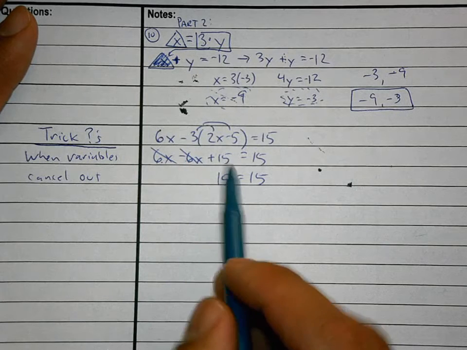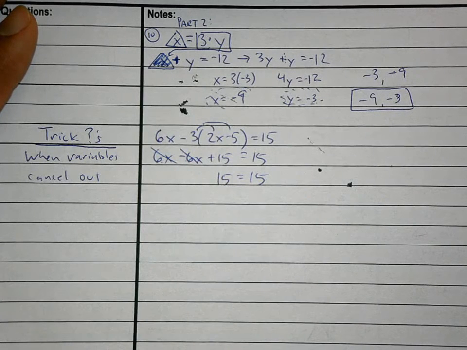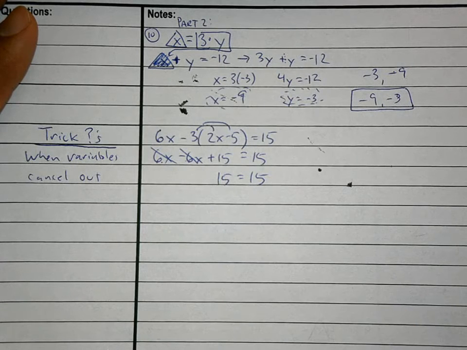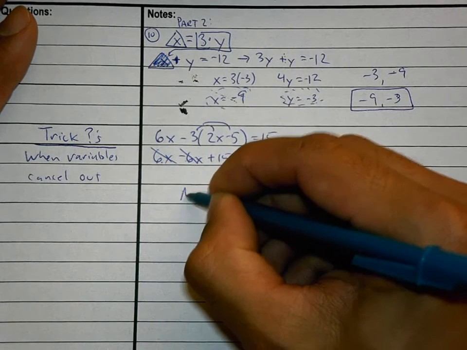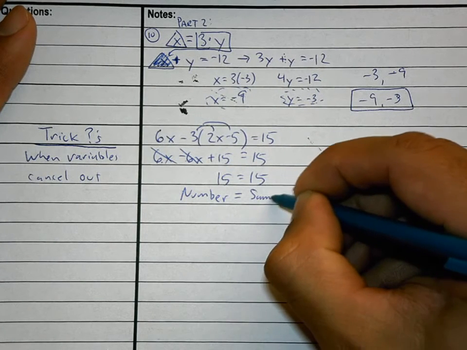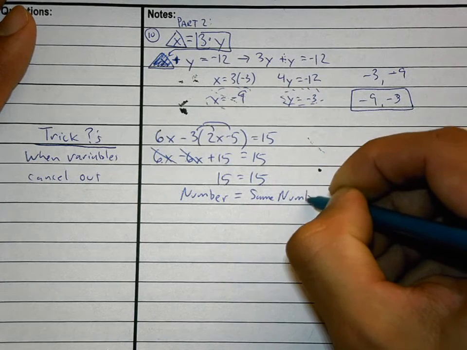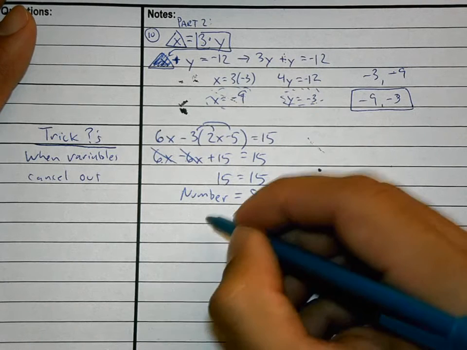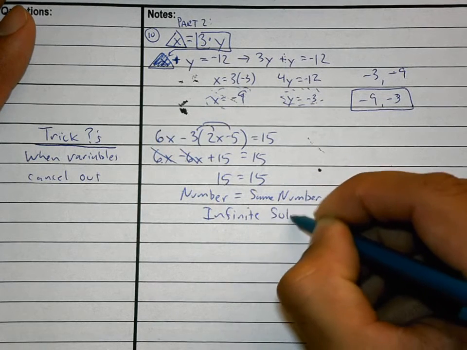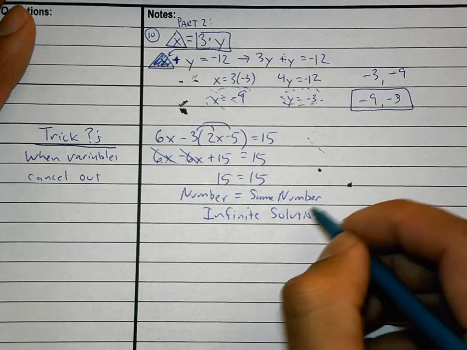You have to then look at these numbers and make a decision. Does 15 equal 15? Is it a number that is equal to the same number? If so, it is something called infinite solutions. It means that they are the same line.